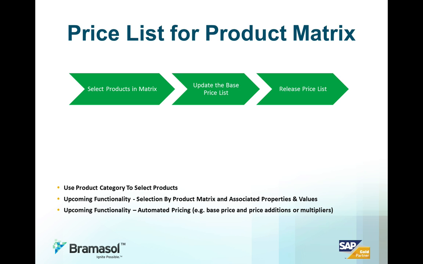That will allow you to maintain prices for each SKU instead of for the entire matrix, how you just saw. And part of that upcoming functionality will include the price additions, similar to what you saw here, but maintained within the product matrix. For example, larges can have that 10% premium built into the model.